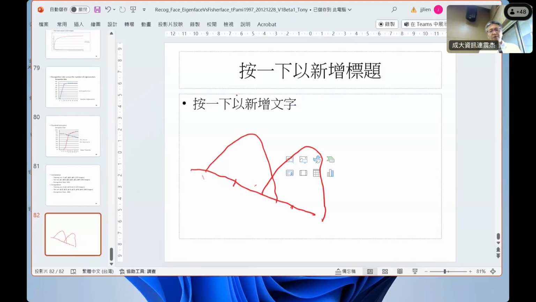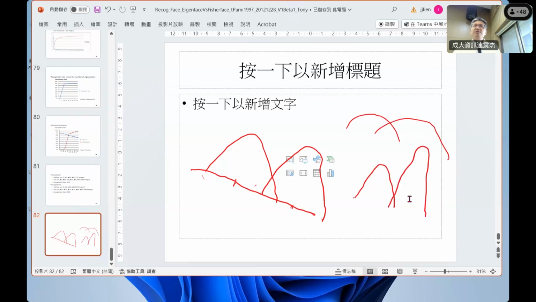You want the overlap region as small as possible. We can do it this way, compared with the other one. That means this is better, and this is not good because they have an overlap region.